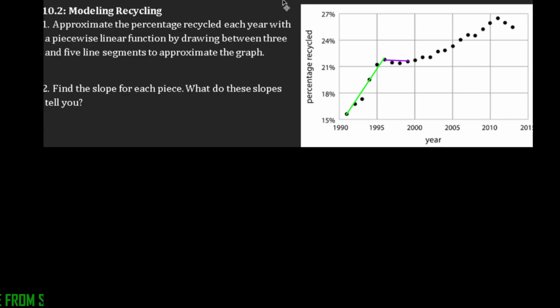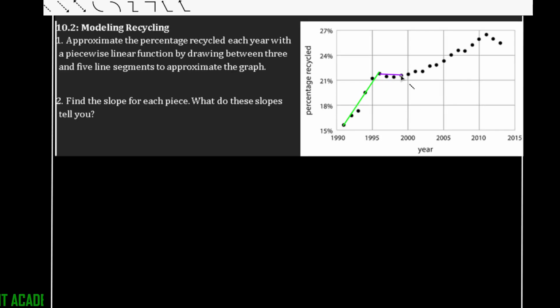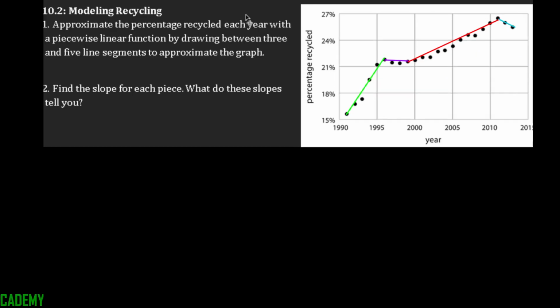And I can say another segment is going to be from 99 all the way up to 2011. So notice how there's that pattern there. And then lastly, it kind of goes down at the very end from 2011 to 2013. So notice how I have different lines for each of these.